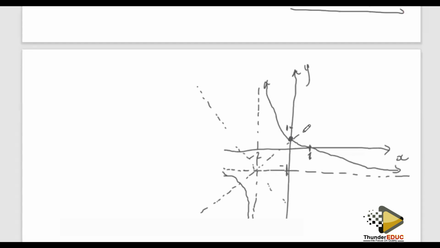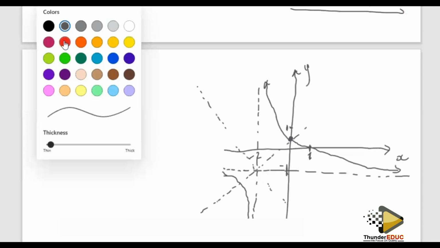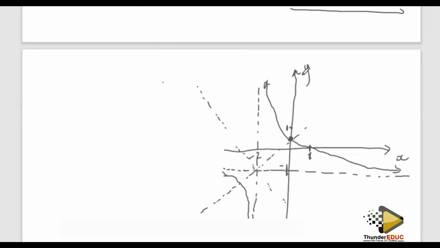Now, the general equation is just a straight line, but this one is a special straight line because the gradient is always 1. So it's either x plus c or it's negative x plus c. So they want the one with the negative gradient.